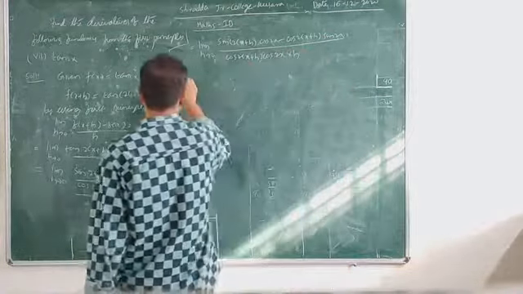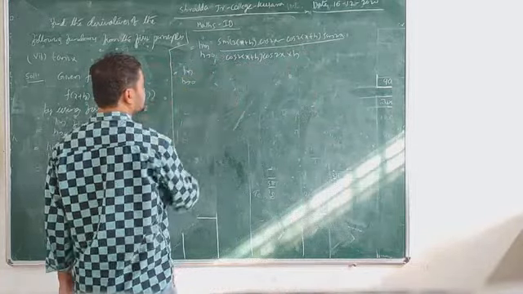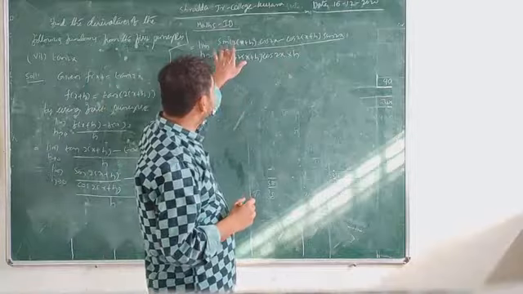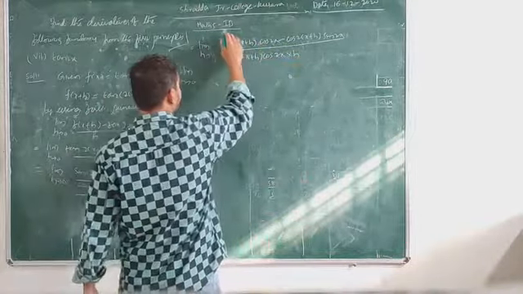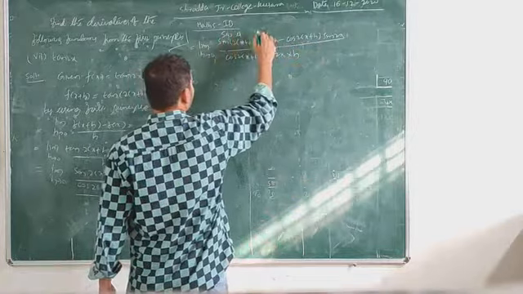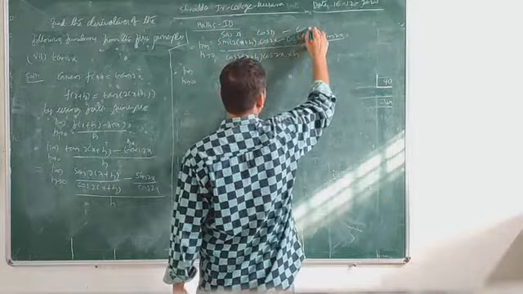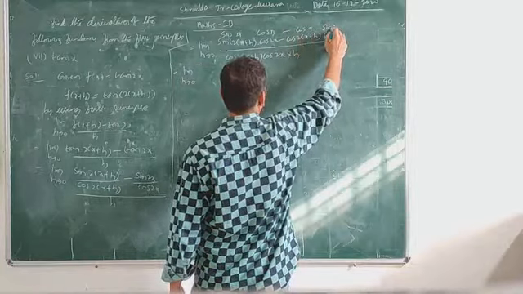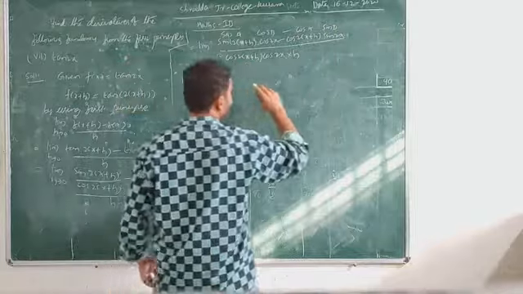Now here this equals limit h tends to 0. This is in which form? Sin a cos b minus cos a sin b. What is the formula? Sin a minus b.